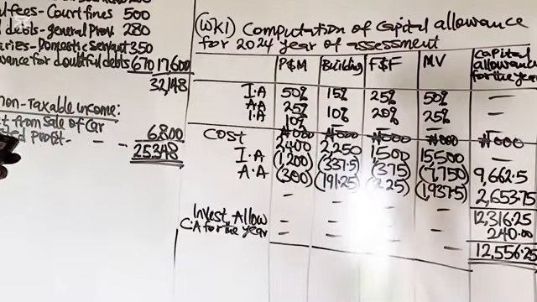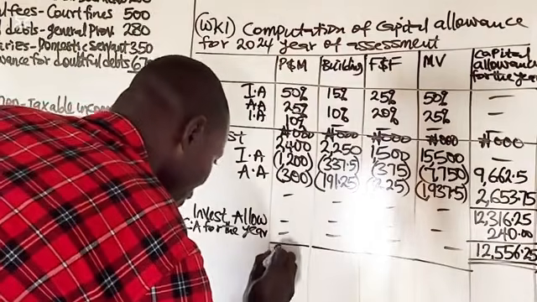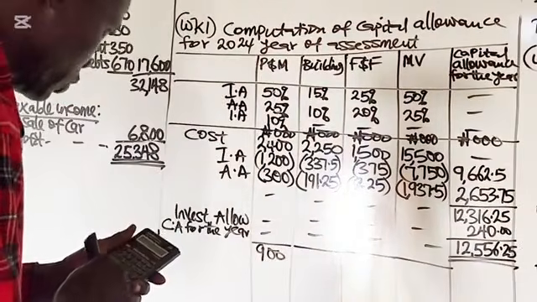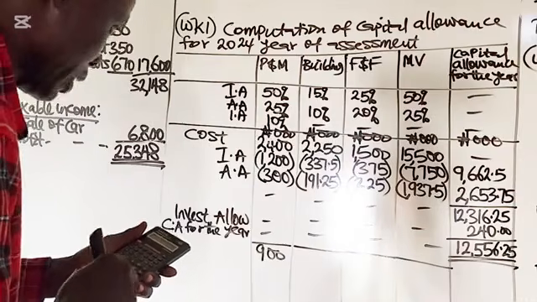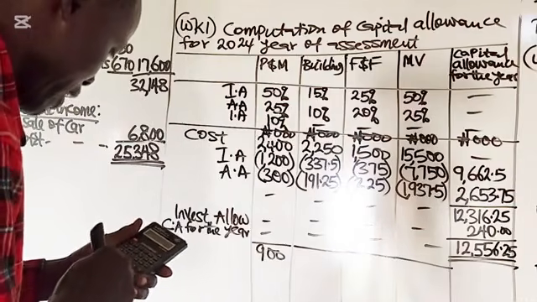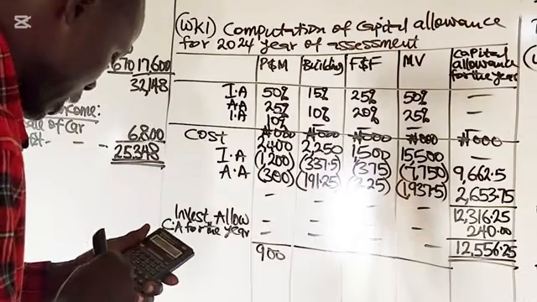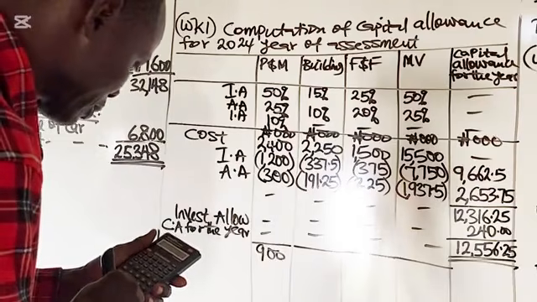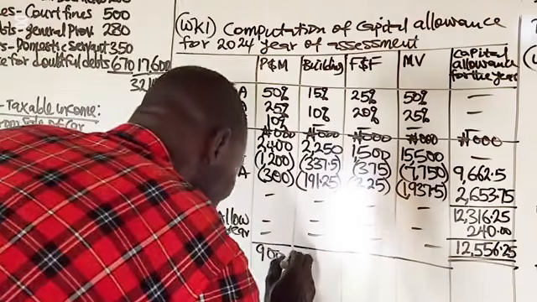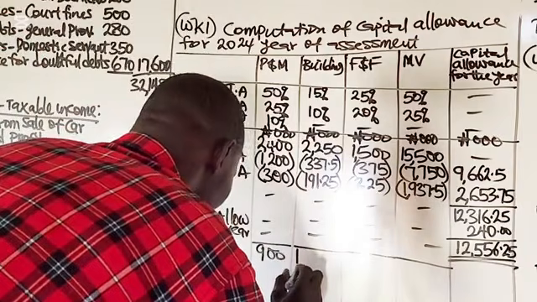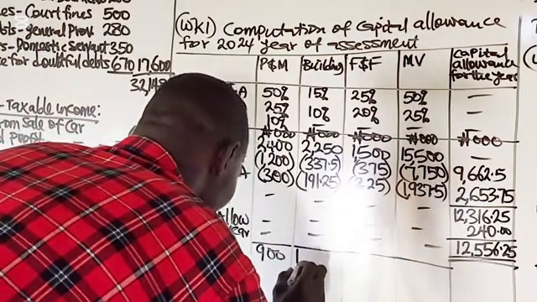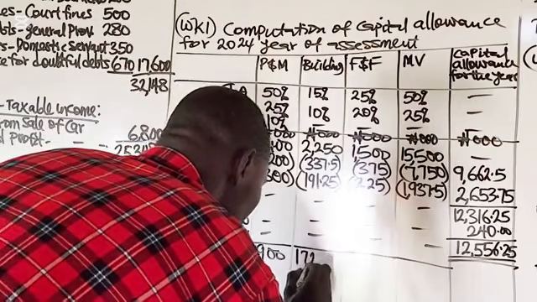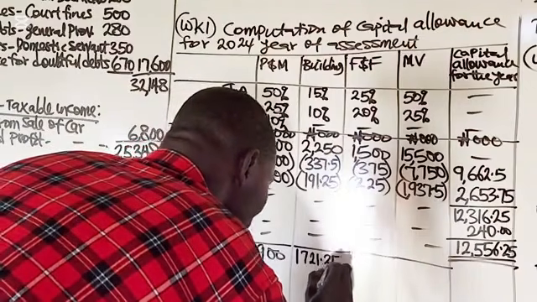So 2,400 minus 1,200 minus 300, that gives us 900 for this one. 2,250 minus 337.5 minus 191.25. This one gives us 1,721.25.